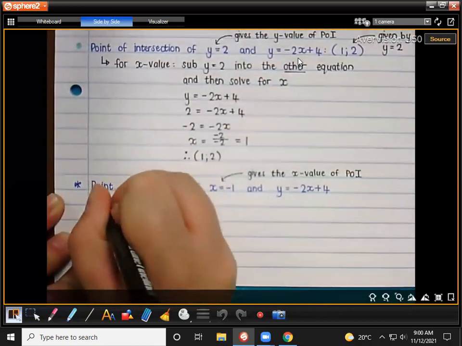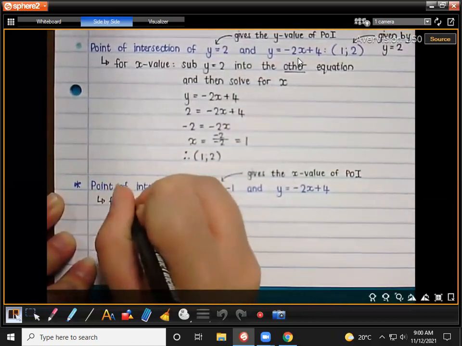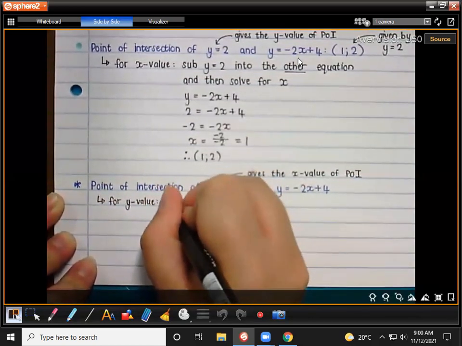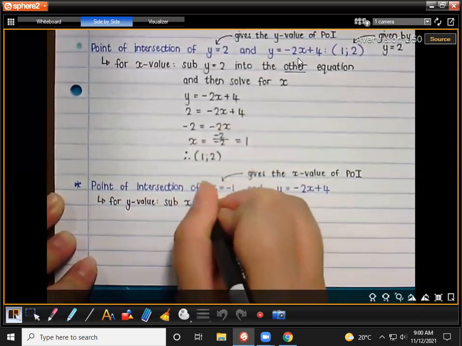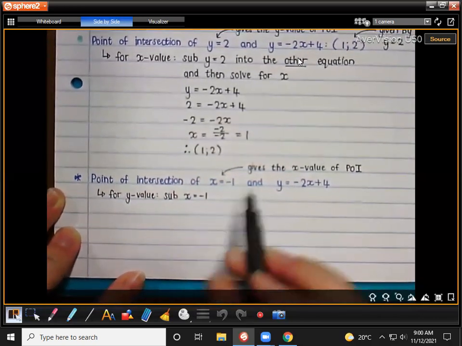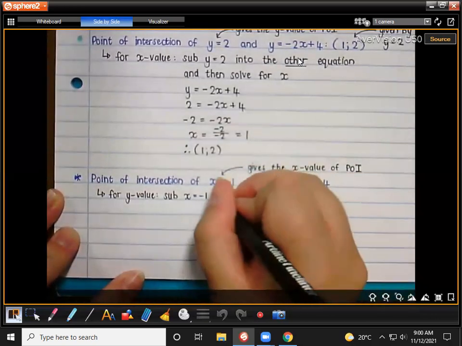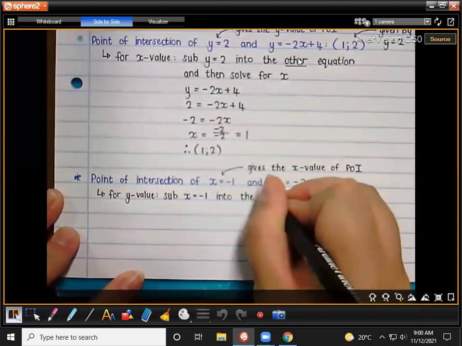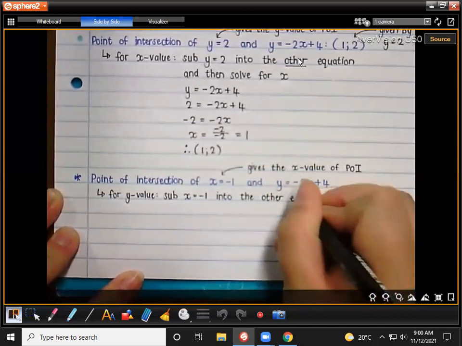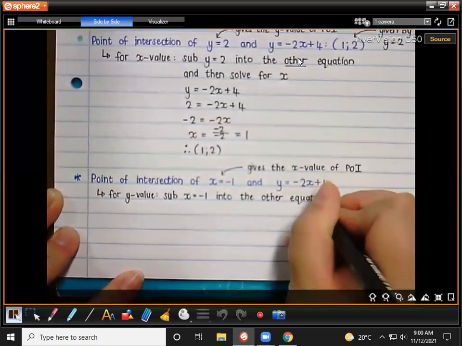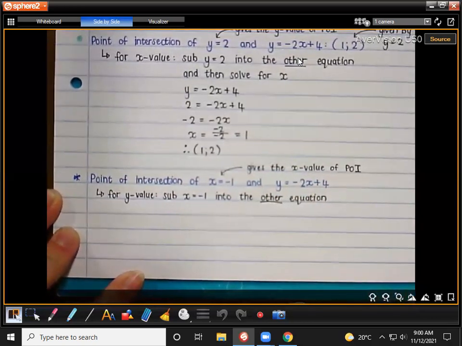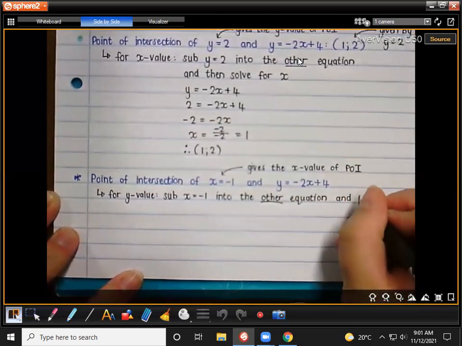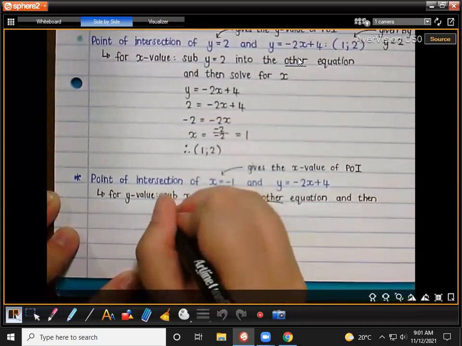So for the y value, sub x equals negative 1, the x value that they gave us in this equation, into the other equation, just like we did in the previous example. And then solve for y.